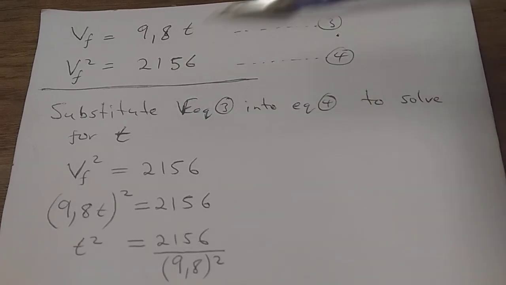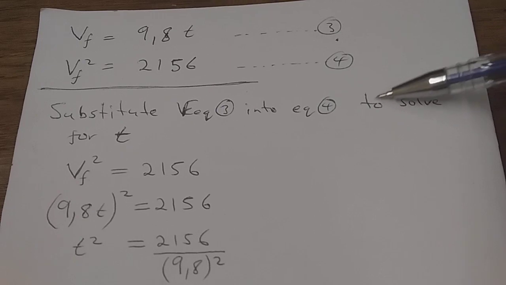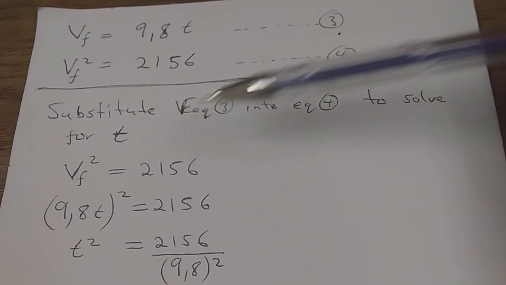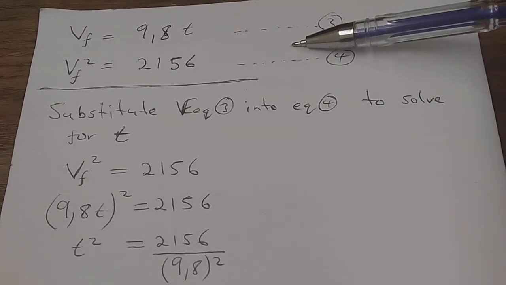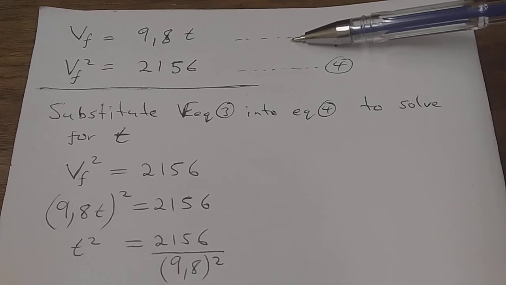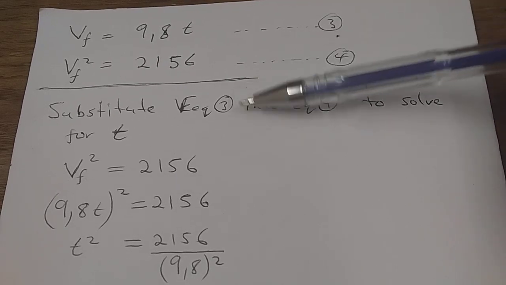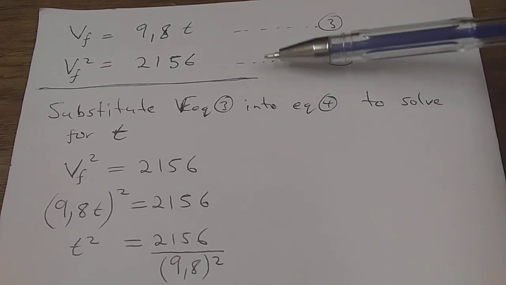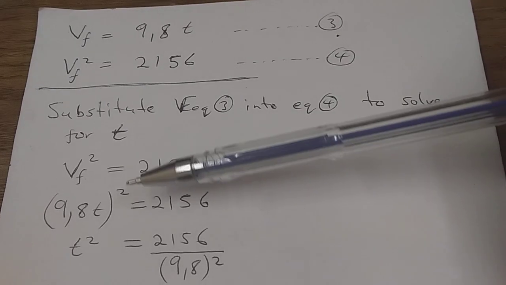So substitute equation 3 into 4 to solve for t. So this is our equation 3, and we substitute it into 4. This is equation 4 to solve for t.